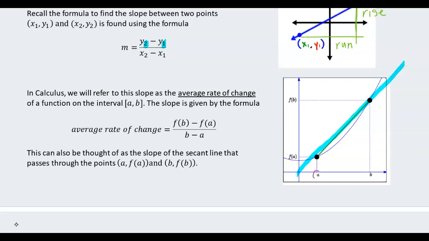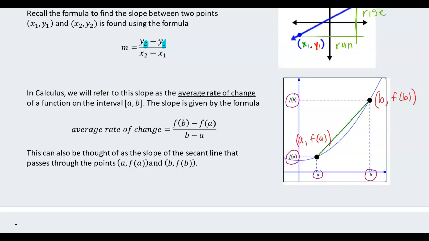When I plug A in, I get the output value of f of A, and when I plug B in, I get the output value of f of B. So these two points that I see on the graph are B comma f of B, and the point down here is A comma f of A.